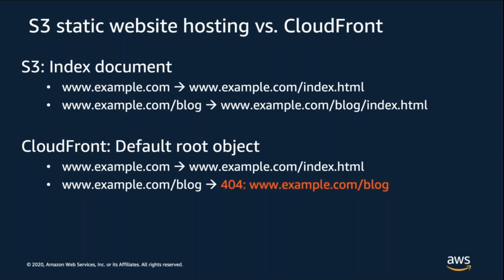But if a user went to www.example.com/blog, this request is no longer on the root directory, and therefore CloudFront would not rewrite this URL and would instead serve it as is to S3. And this would, of course, result in a 404 error because there isn't a file called blog in my S3 bucket. And there's no way to fix this natively within CloudFront.